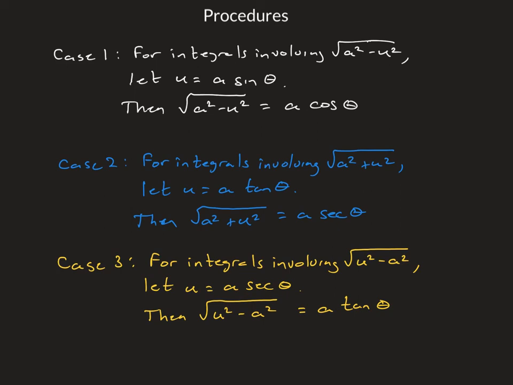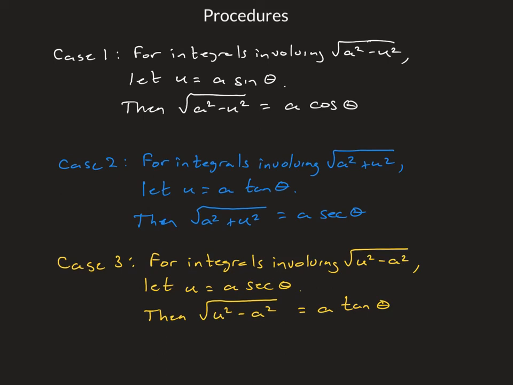And in case three, where I have the square root of u squared minus a squared, I'm going to let u equal a secant theta, and then the square root of u squared minus a squared is a tangent theta. Now these are the three cases. The actual procedure when you're going through and doing these problems is going to be the same. You're going to identify what the substitution is, and think about what that square root is going to become.